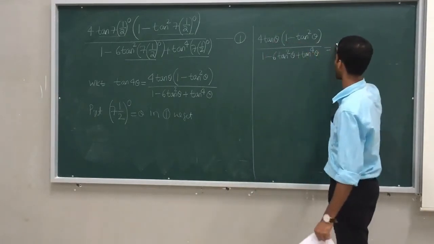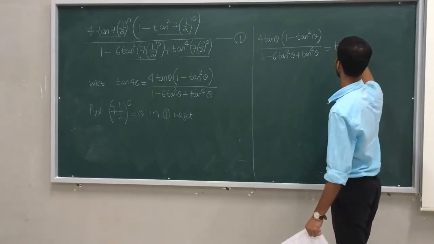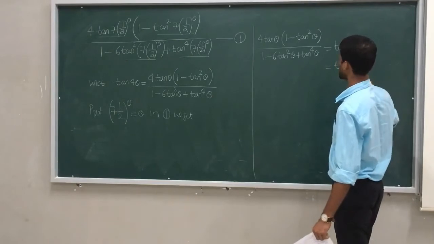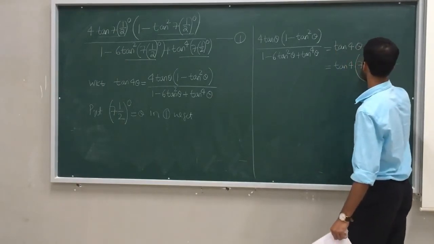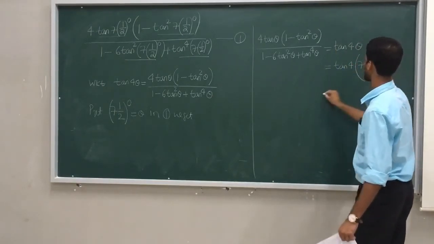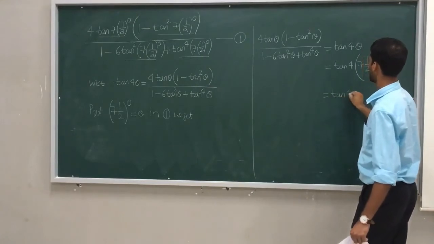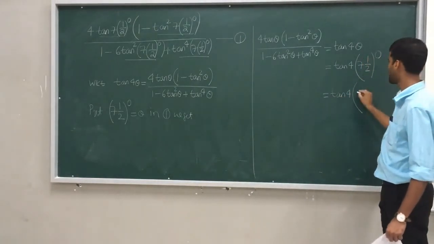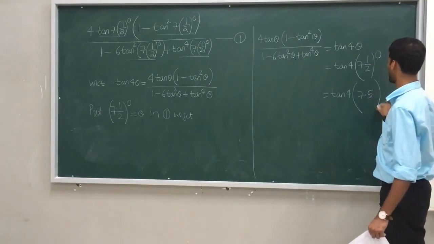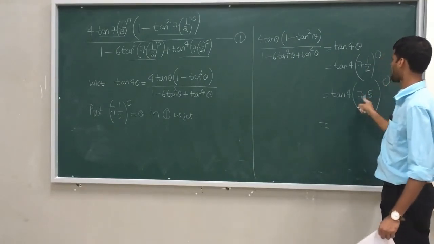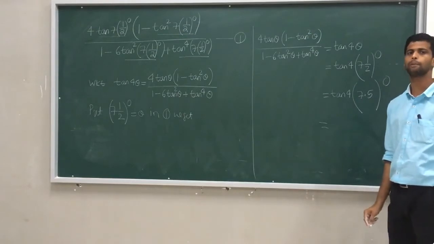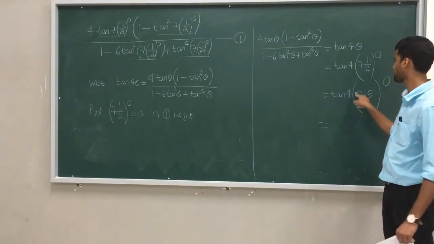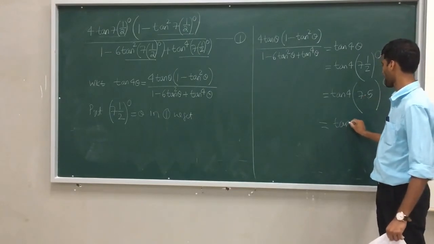What is the formula of it? Tan of 4 theta, which is tan of 4 times 7.5 degree. What is 7.5 times 4? 7.5 times 2 is 15, and 15 times 2 is 30. So 7.5 times 4 is 30. I got tan of 30 degree.